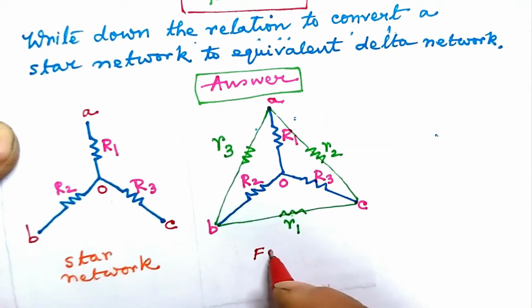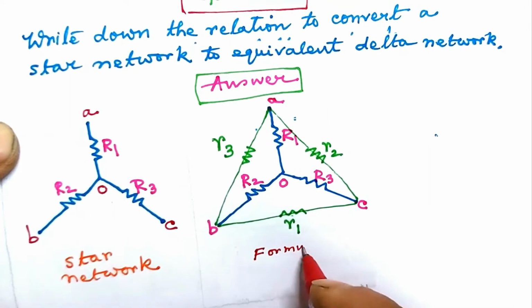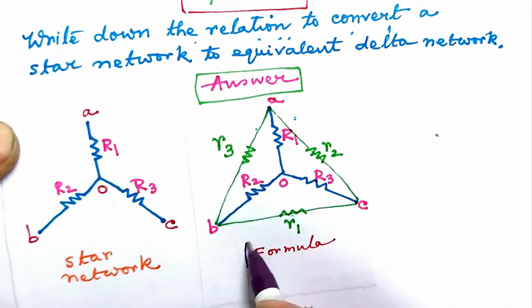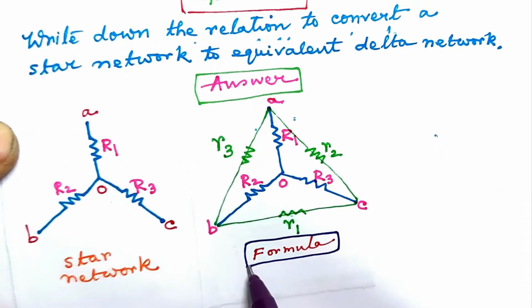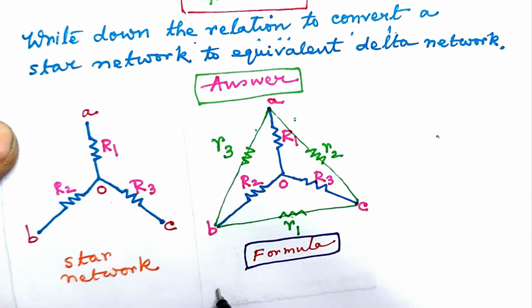What is the formula that connects the resistances capital R1, R2 and R3 of the given star network and the resistances small r1, r2 and r3 of the imagined delta network? In this problem, we will express the resistance values of the delta network in terms of the resistances of the star network.